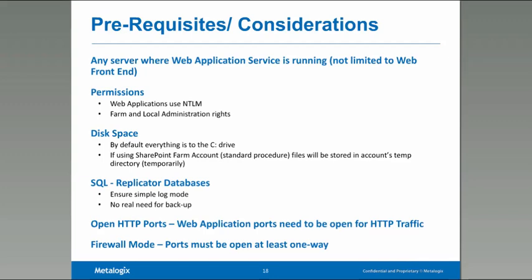But because we use the farm account whenever we're creating packages, pasting packages, it actually uses that farm account's temp directory. So if you're limited on space on your C drive, you want to make sure that you update that farm account's temp drive to point to another drive that has a little bit more space than what C normally has.